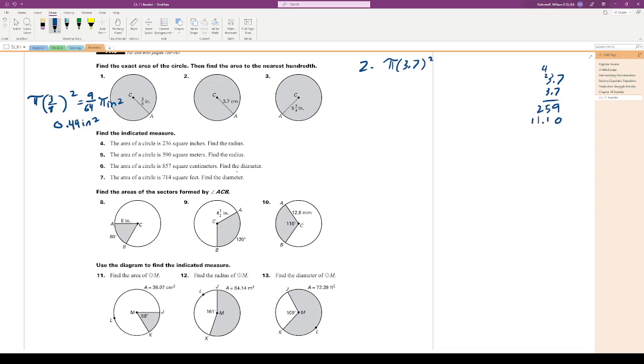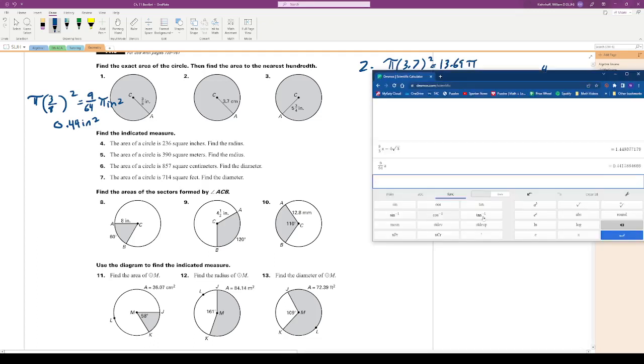Get 2 decimals because we had 2 decimals there. So that would be 13.69 pi.